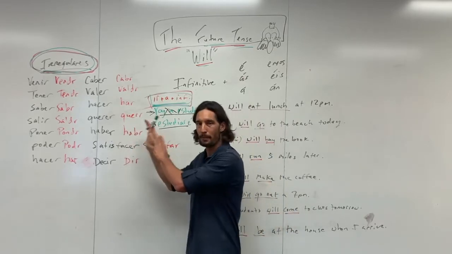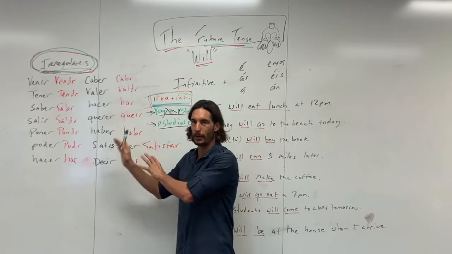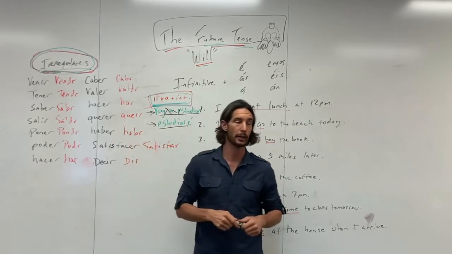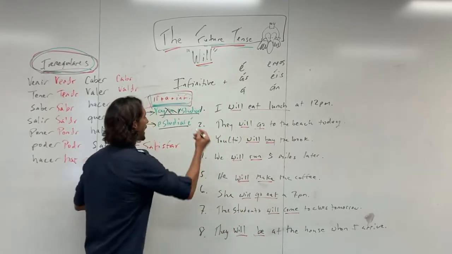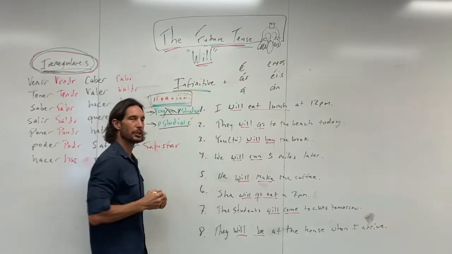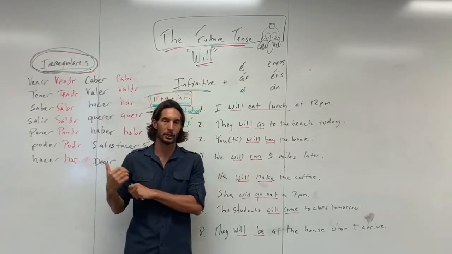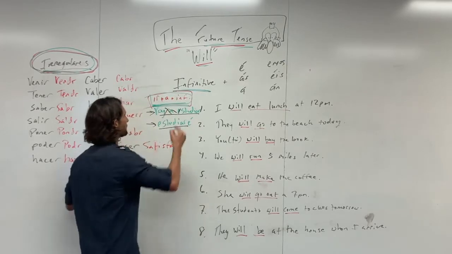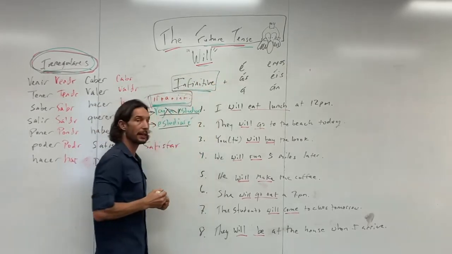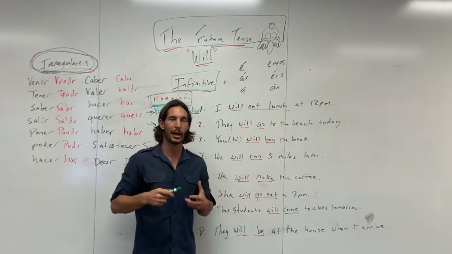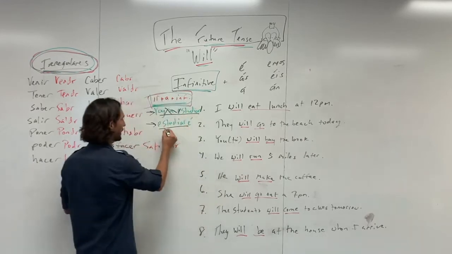But again, I'm going to come back to that because I don't want to start off with the irregulars. I'd rather start off with the regulars. And so here's how we do it. This is actually a pretty fun tense, as is the conditional, because you have the infinitive, which is an unconjugated verb. I have one here, estudiar.